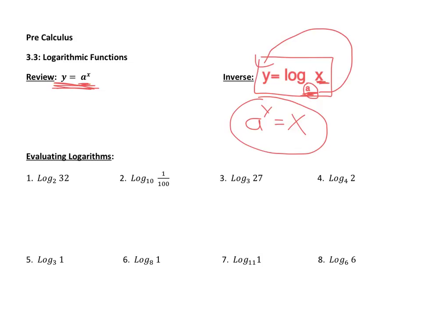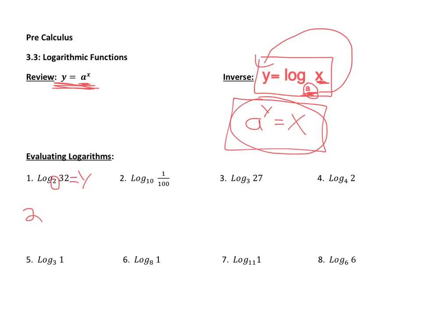All right, now if I want to evaluate logarithms, when I put numbers in here, it's probably going to make a lot more sense. If I use this fact that I can take a logarithmic function and change it to an exponential, I can evaluate these 8 problems. If I looked at number 1, let's say this is equal to y, and I want to solve for y. I want to evaluate it. The key part here is that the base right there is 2.